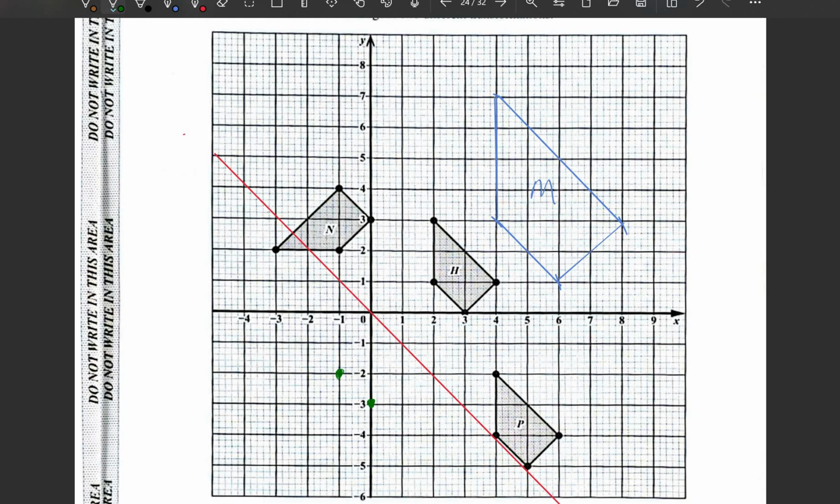Then this point is 1, 2, 3, 4, 5. So we go 1, 2, 3, 4, 5. And lastly, this point is 1, 2, 3, 4, 5. So we go 1, 2, 3, 4, 5. Okay, so now we could connect those points together.